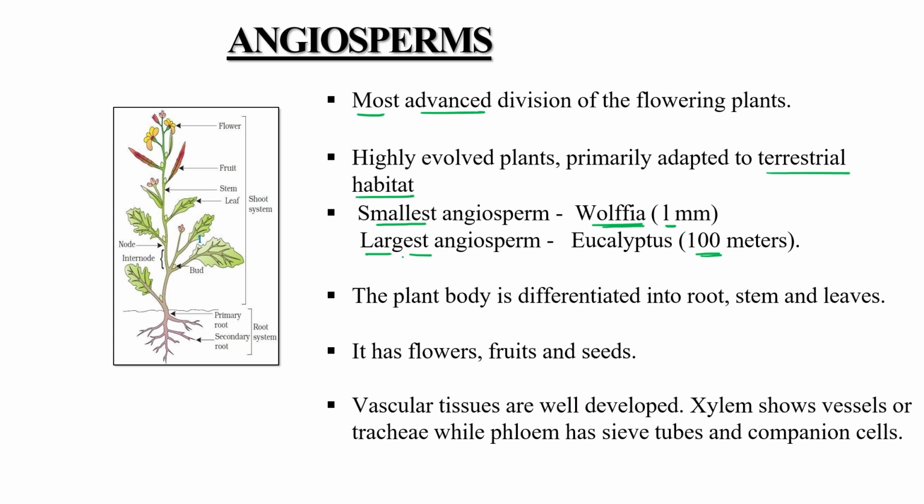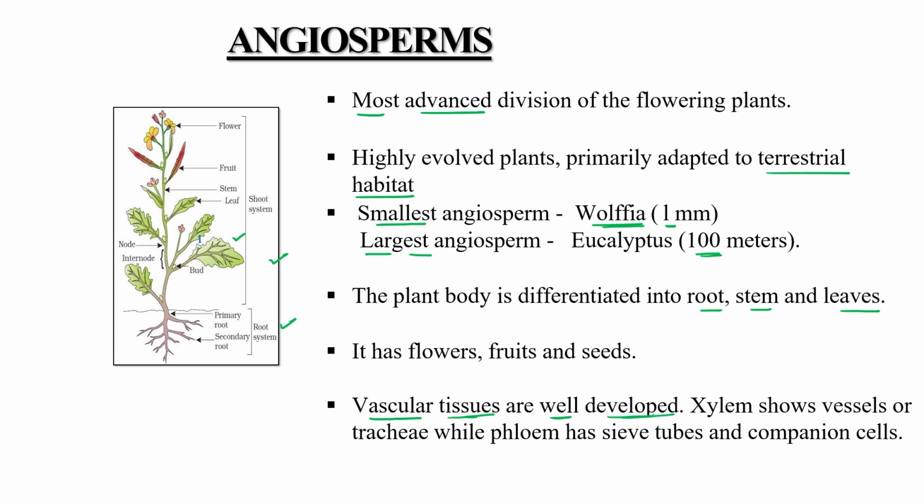In angiosperm, the plant body is truly differentiated into 3 different parts: root, stem, and leaf. It has flowers, fruits and seeds also. And in angiosperm, vascular tissues are well developed.